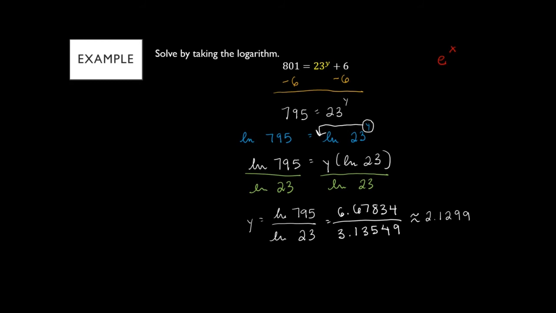Now, just to verify, if I did the natural log of 795, if I do it all in one step, so if I have the natural log parentheses 795 divided by natural log parentheses 23, making sure I close my parentheses so that I do it all in one step, we get 2.1299 with 4 decimal places.